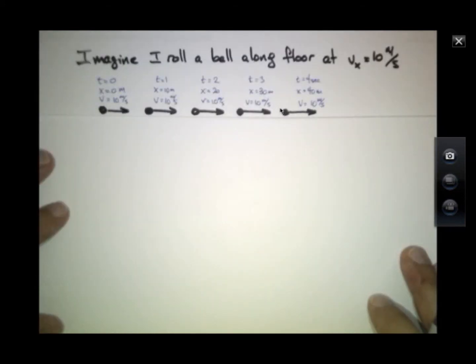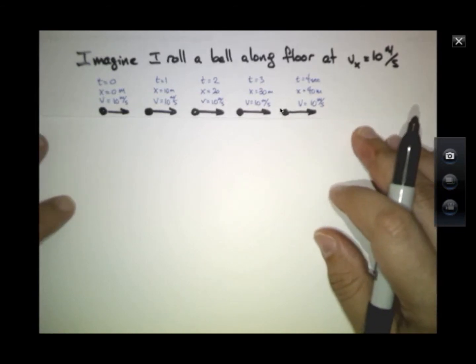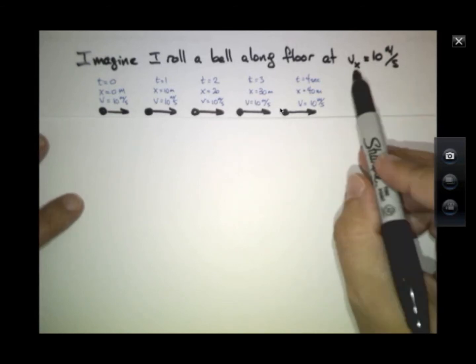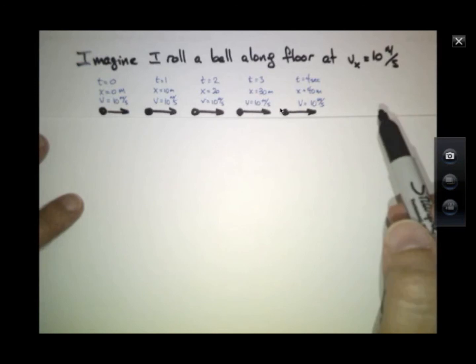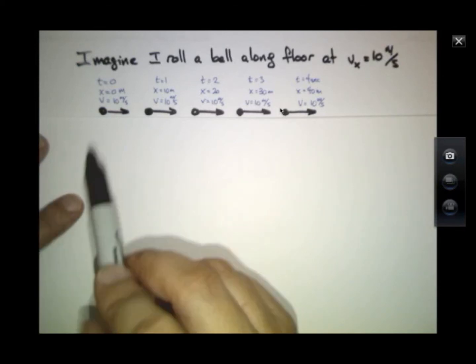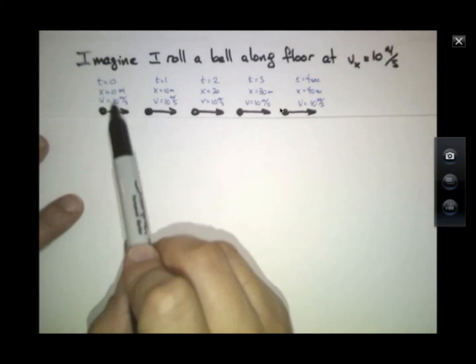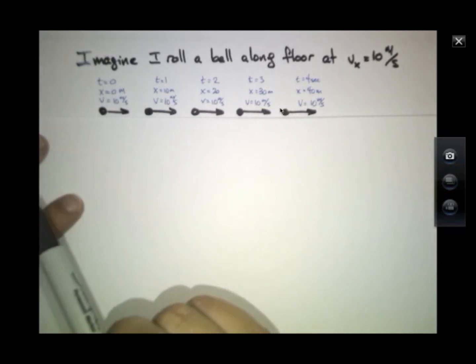Imagine I roll a ball along the floor. There's no gravity there, and it's a one-dimensional problem. Let's suppose I roll it along the floor with a horizontal component of velocity of 10 meters per second. I can imagine what the equation of motion is. It's just that x linearly grows with time and the velocity is constant. So at time t equals 0 seconds, position is 0 meters, velocity is 10 meters per second.